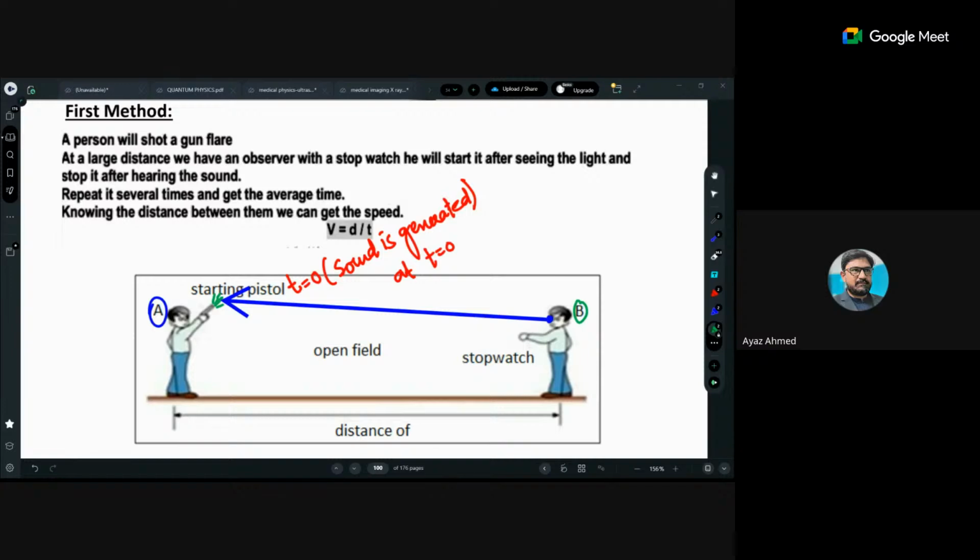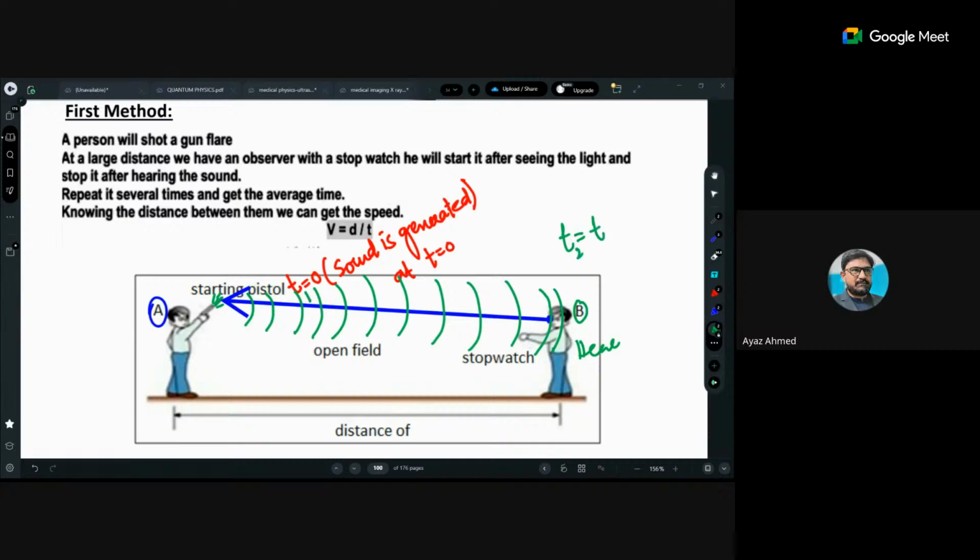That person will observe it as quickly as possible, but the sound will take time, moving slowly. So when he or she hears the sound, t1 is equal to 0, and time t2 is equal to t.